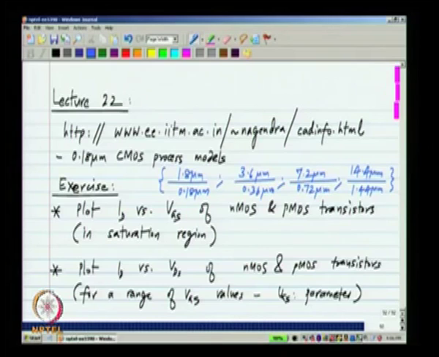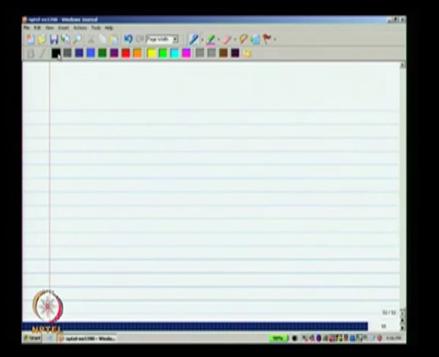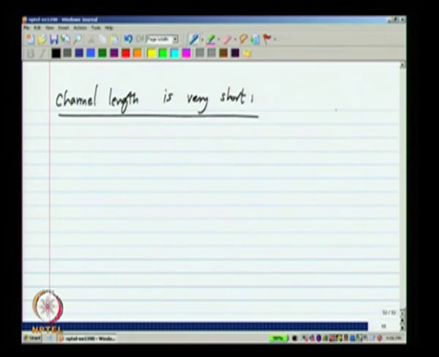Now, one thing that we did not discuss is the short channel effect. When the channel length becomes very small, then it is definitely not a square law device.